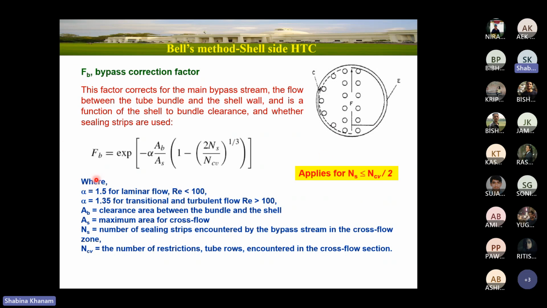However, how to choose the correct NS value, that we will discuss when solving the example. If I keep on telling this, you will not understand how this will be counted, so I will tell you with the help of an example. So NS we need to fix so that we can fix FB.